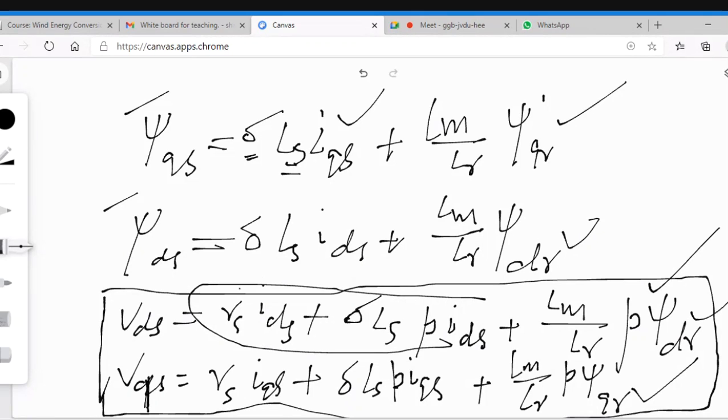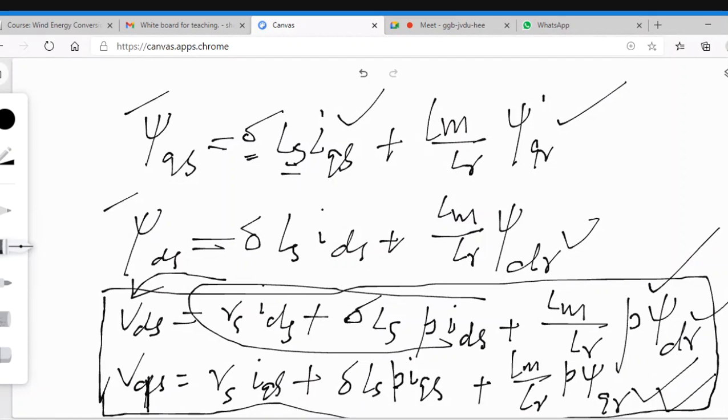If you shift it to this side, then the P phi DR will come out to what? LR by LM into VDS minus of RS IDS minus of sigma LS P IDS is basically equal to P phi DR. Isn't it?